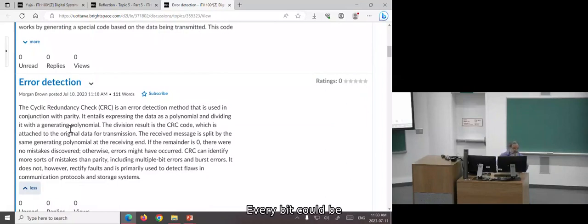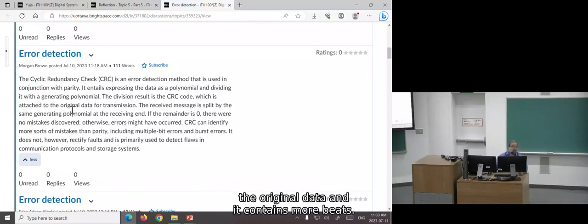So every bit could be considered a coefficient in a polynomial. The division result is the CRC code. So if you get a polynomial and then divide it by a specific polynomial, then you get something. The remainder would be the CRC code, the division result, which is attached to the original data, and it contains more bits.